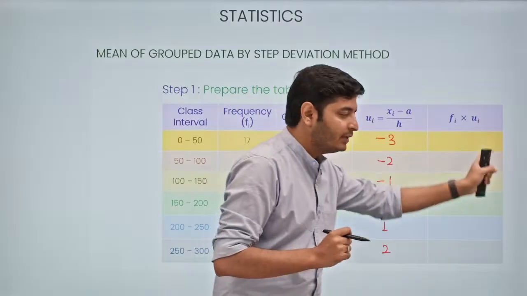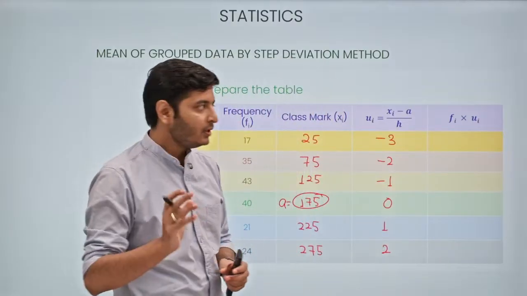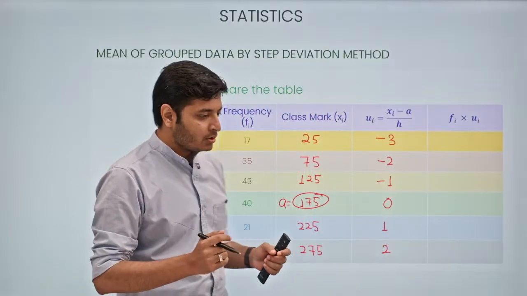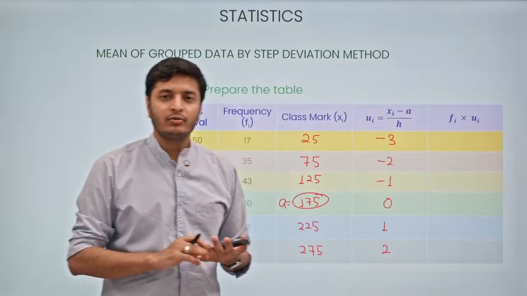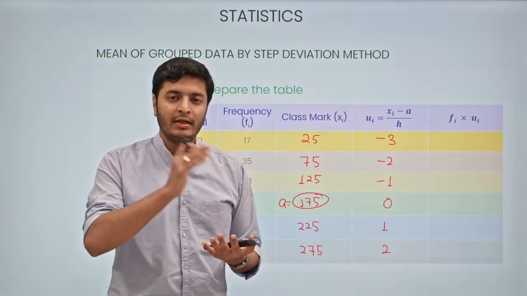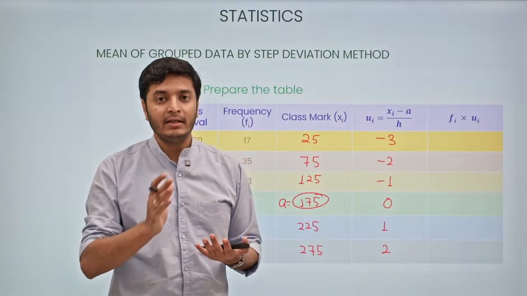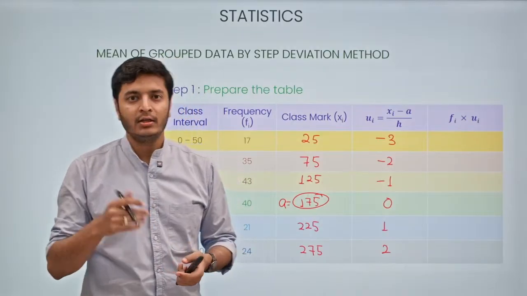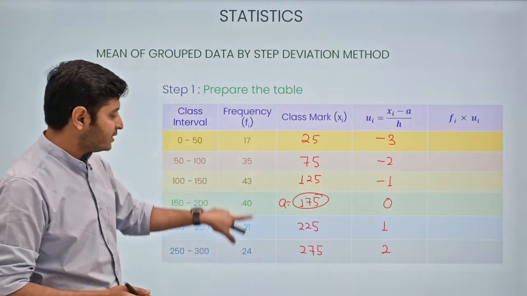Now, after finding the values of ui, you are gonna find the value of fi into ui, because in case of mean, we are usually finding the values in this way only. In direct method, fi xi. In assumed mean method, fi di. Here we are gonna find fi ui. So values of frequencies are written here.